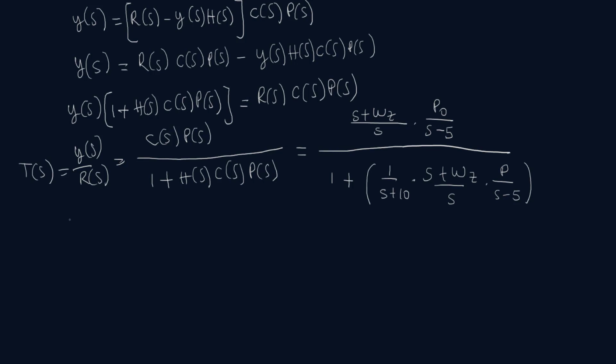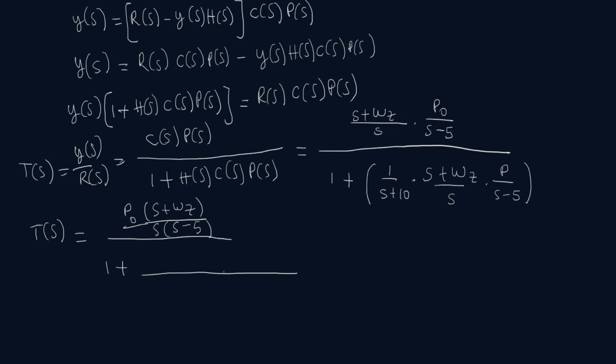So from here on is just, again, like I said, math. So let's take care of the top, and then we'll take care of the bottom afterwards. So here we have P0 (s plus wz) over (s minus 5).